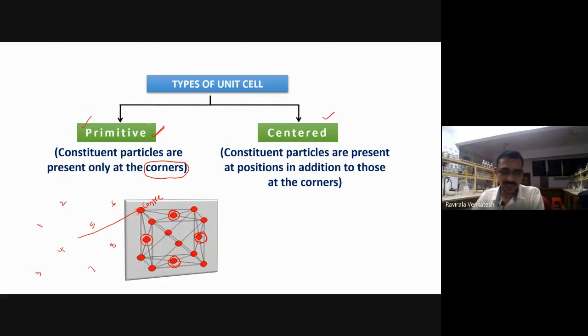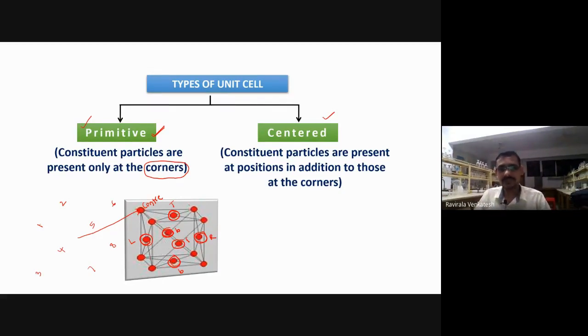This one is left face. This one is front face. This one will be the back side here. Okay. Back side, front side, right side, left side, top side, bottom side. So just you imagine a textbook. Take top, bottom, left, right, front and back. So at these faces, at the center, one constant particle is occupying.